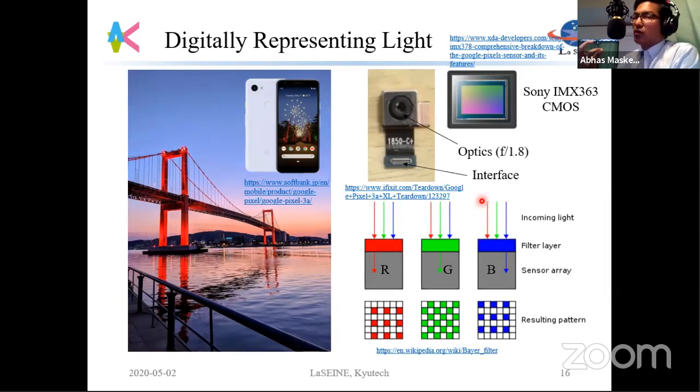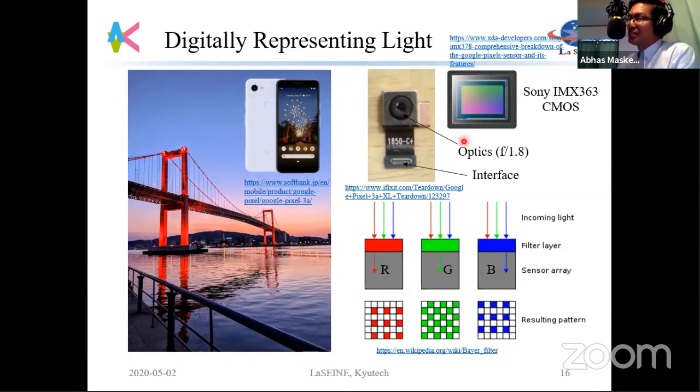We have to digitally represent the light that's being reflected, and we need to capture red, green, and blue. If we mix all these colors, we can represent any color. In a phone we only have one sensor, but we need to capture RGB, so we put a Bayer filter.